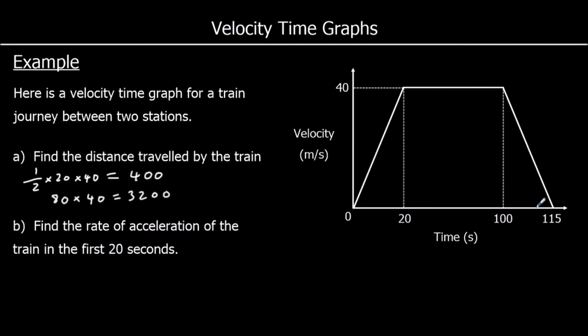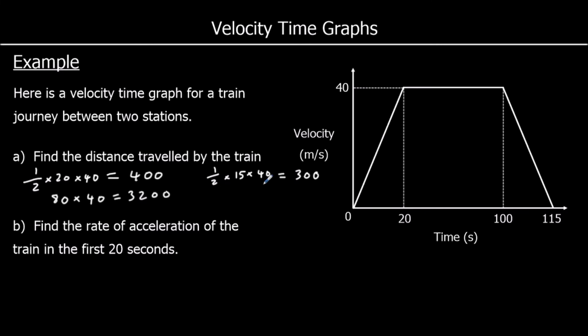And the last triangle, we've got half of 15 times 40. So half of 40 is 20, and 20 15s is going to be 300. So 2 15s are 30 times 10, 300.